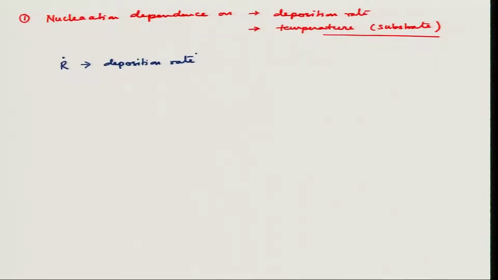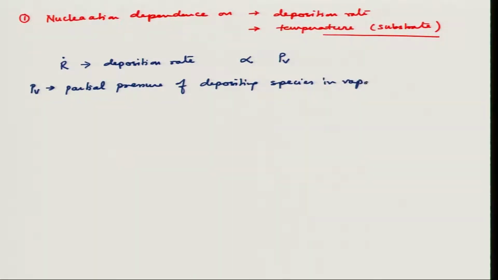So, deposition rate, or number of atoms per unit area per unit time being deposited, and we should realize that this should be proportional to PV, which is the partial pressure of that species in the vapor phase. So, my PV is the partial pressure of depositing species in vapor phase. Okay.